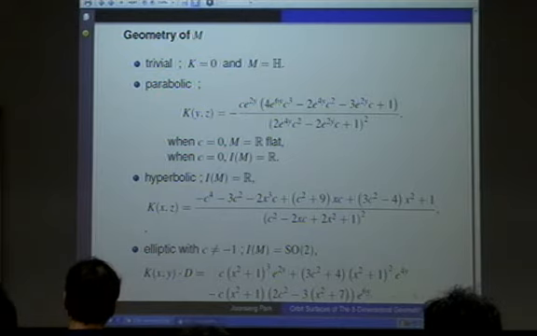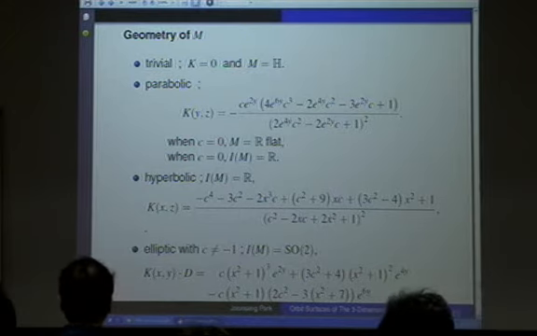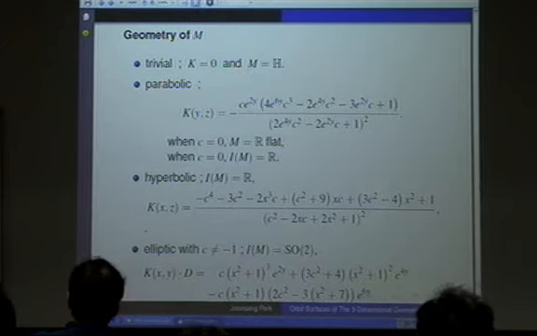So the base manifold is not so good. But when C is 0, then this becomes just 0. So M is R2, the flat surface. Anyway, if you see this Gaussian curvature, there is no jet involved here. So you can imagine the isometric group has one-dimensional symmetry.